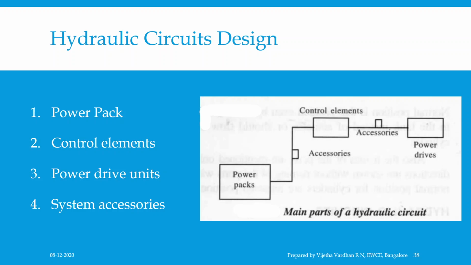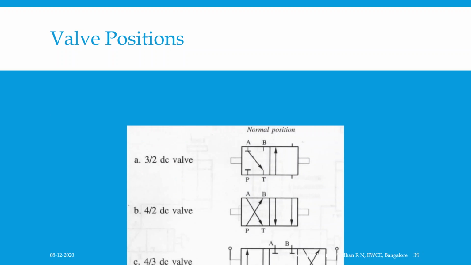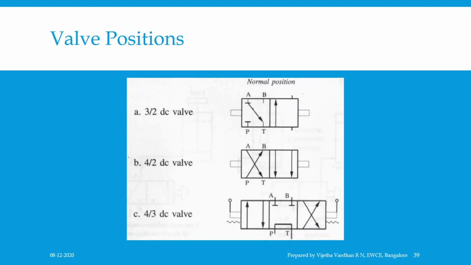Safety or normal procedure to be adopted while designing a hydraulic circuit with respect to the valve position and linear actuator position. Henceforth, we'll have a small discussion of the valve position. The figure shows the 3 by 2, 4 by 2 and 4 by 3 DC valves, and the valve position will always be in the normal position.